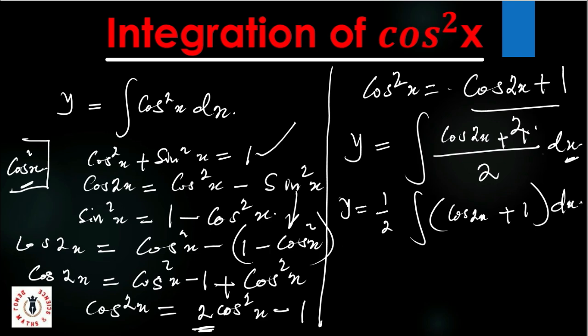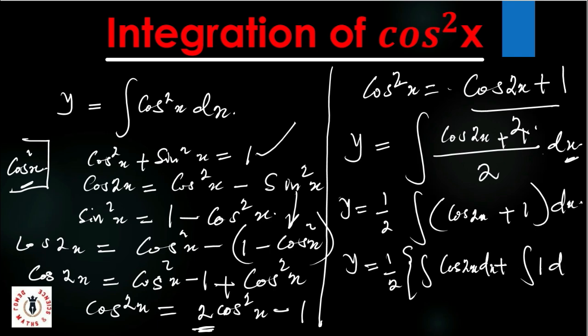Now, like we do in normal integration, I can begin to reduce this. So that y now is equal to half times the integral of cos 2x plus the integral of 1, the integral of cos 2x with respect to x, and the integral of 1 also with respect to x.